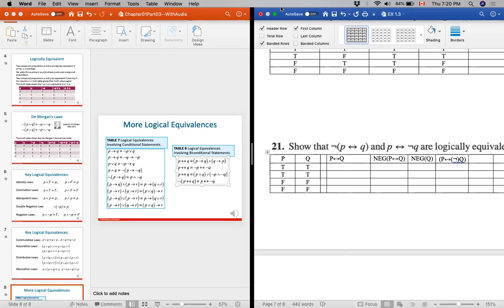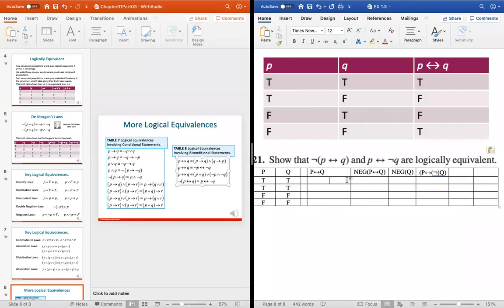Here P biconditional with Q is true, true, false, false, and then true. Now we take the negation of this thing.